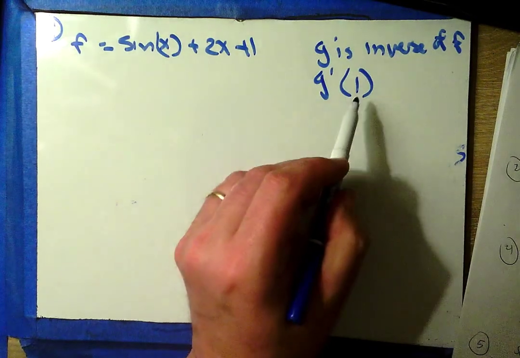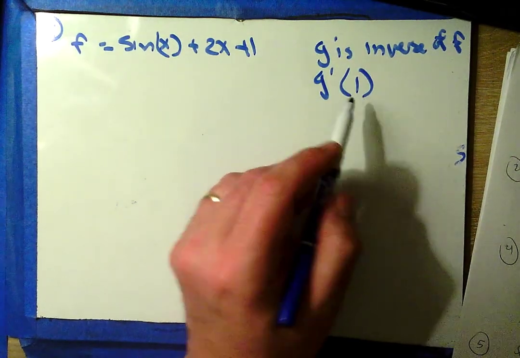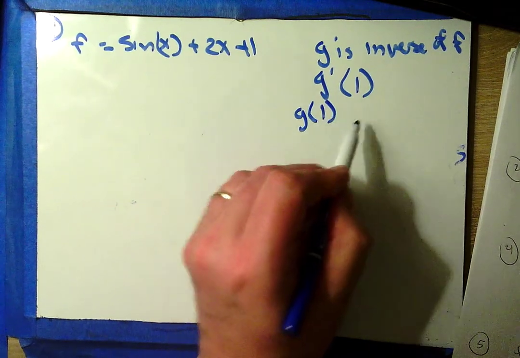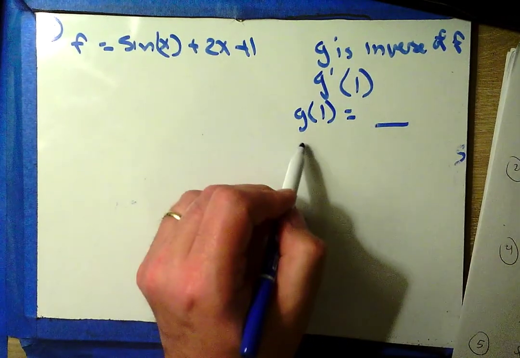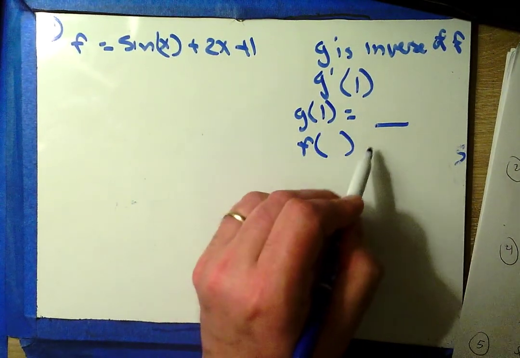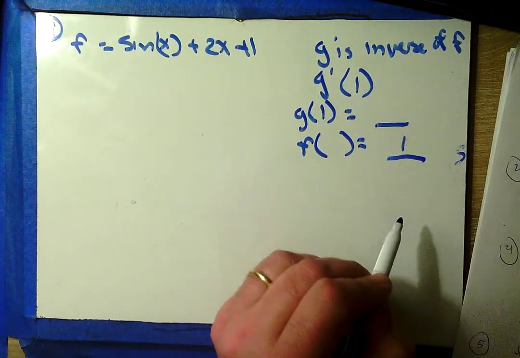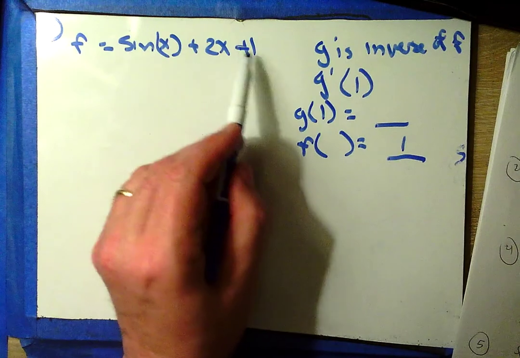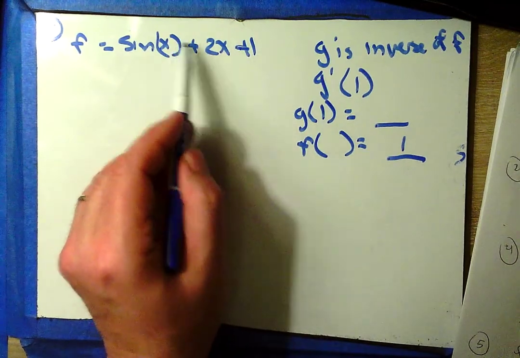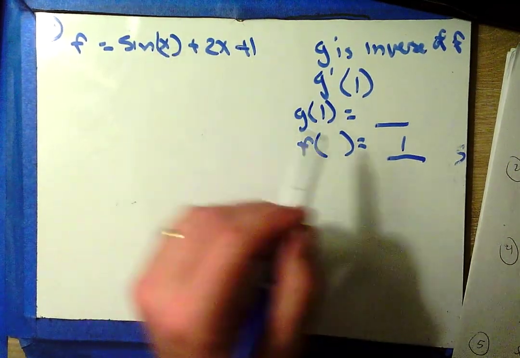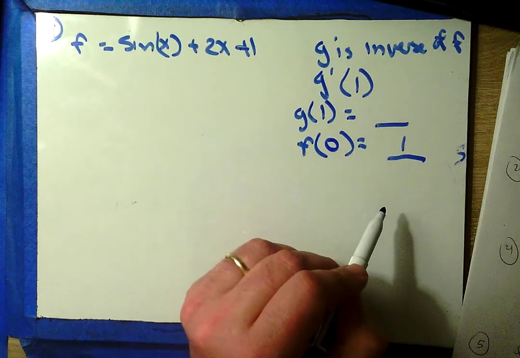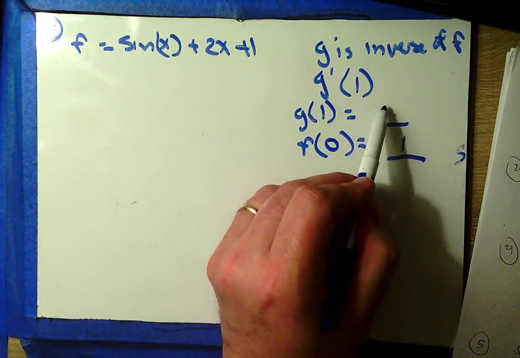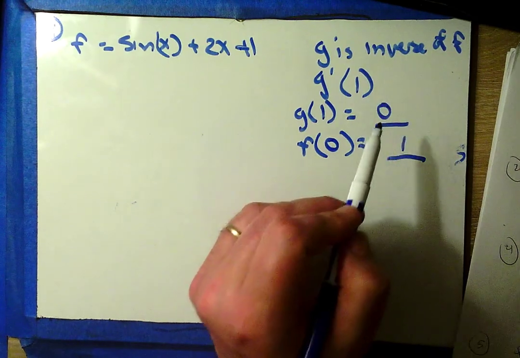So when is the output of f equal to 1? Again, if I know that g of 1 exists, then f of something must be equal to 1. Well, how can I coax a 1 out of this? Ooh, I have a 1 here. If only these were equal to 0, well, they would be equal to 0 if I plugged a 0 in here. And so therefore my inverse point must be 1, 0.